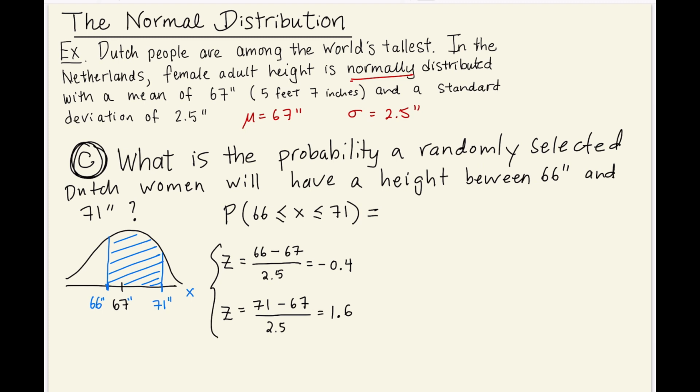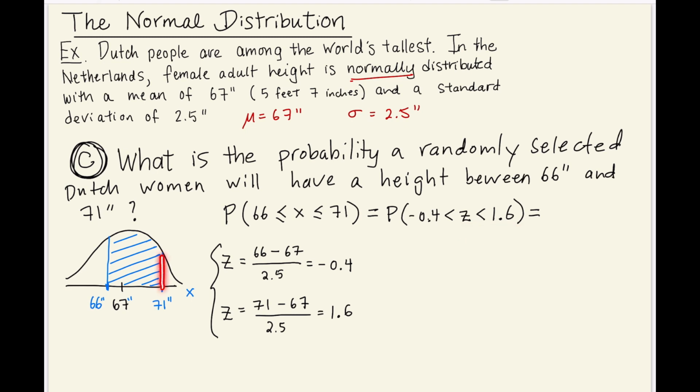Now, my next step, so remember I have now converted to z-scores. So I am going to use the normal table, and I'm looking for the area between these two z-scores. And so the way that I'm going to calculate this between area is I am going to calculate first the area to the left of 1.6, the 1.6 standard deviation.